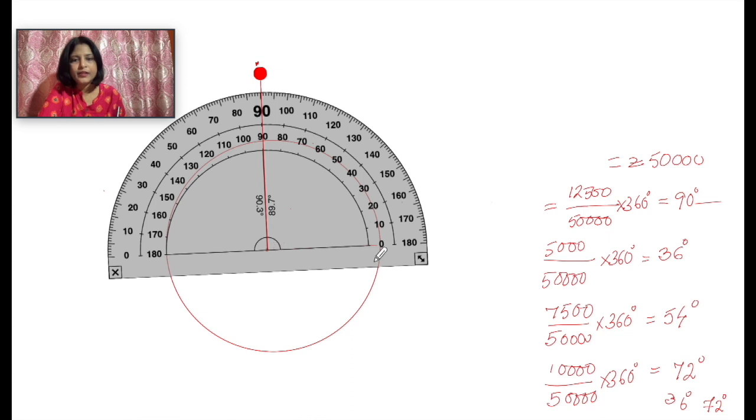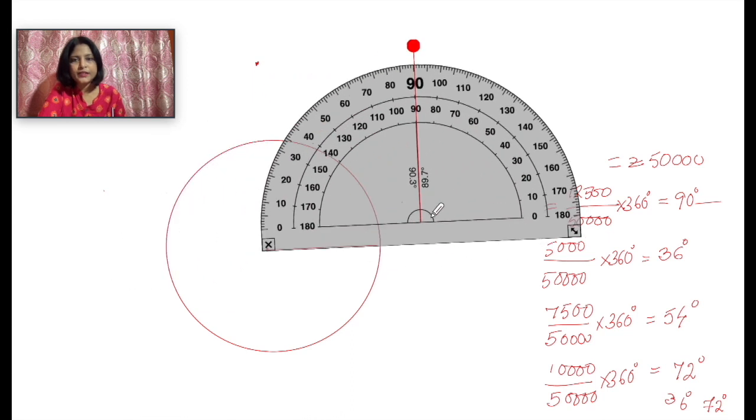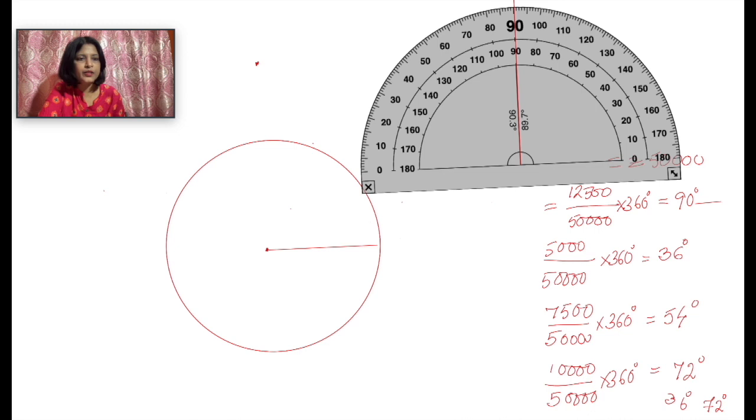Now let me remove the protector and use a ruler to join the two points. So if I join from here to here, my 90-degree construction will be over.